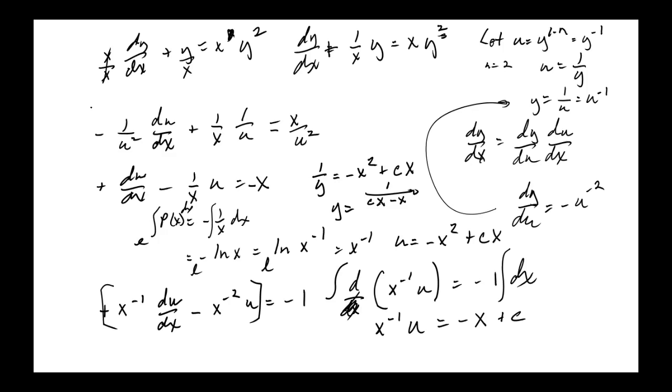Now, note that we have not obtained the general solution of the original nonlinear differential equation in example 2, since y is equal to 0 is a singular solution for that equation. Here's your equation, and this thing will never equal 0, right? 1 over that cannot be 0. The only way that would be 0 is if 1 was 0. 1's not 0, okay? So y is equal to 0 would give you a solution, right?